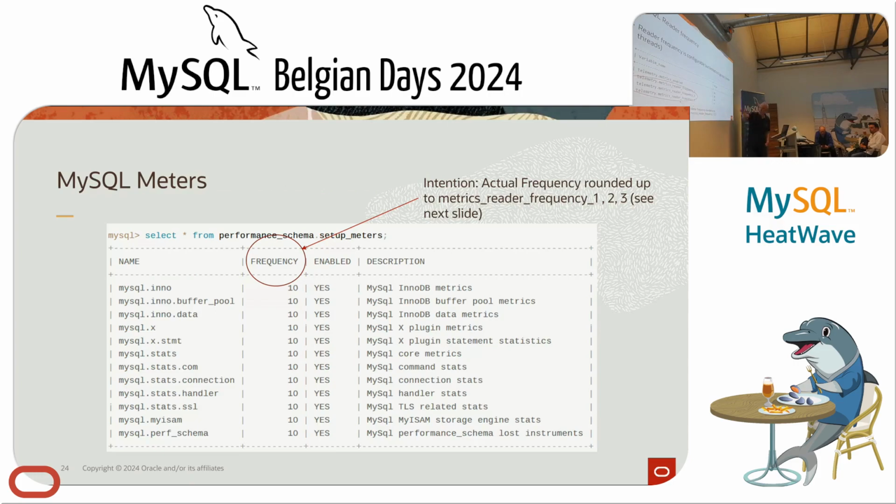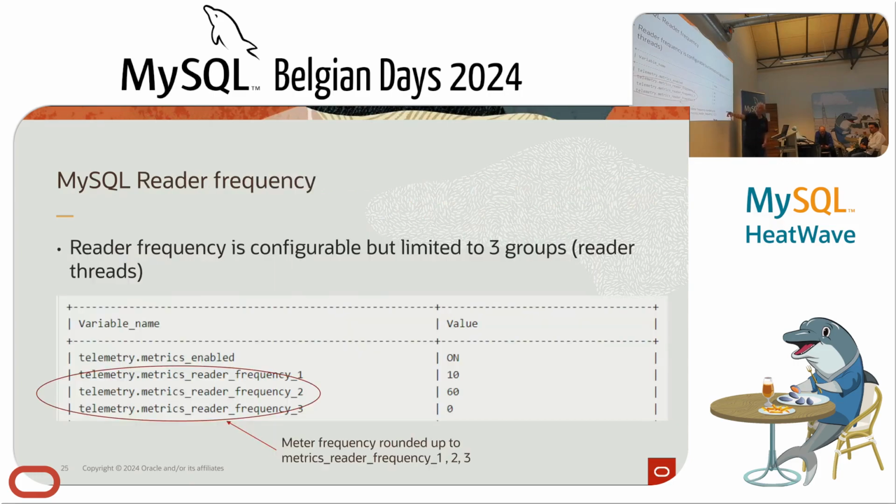Back to these frequencies that you defined in the configuration: you have defined 10 seconds, 60 seconds, and disable this one. Then this meter frequency will be rounded up to the next, the higher group. That's how it is configured.